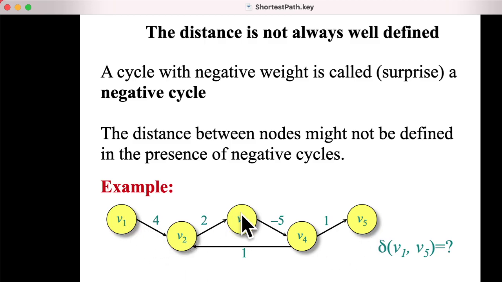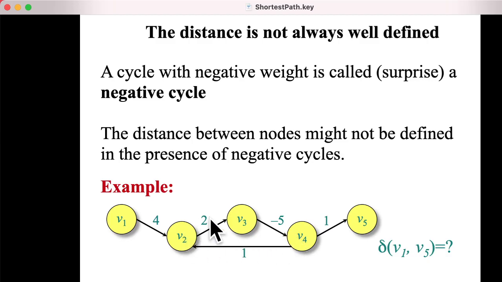V1 to V2 to V3 to V4 to V5 will cost me 4 plus 2 minus 5 plus 1, some number. However, what happens if from V2 I make a cycle over here and only then go to V5? What is the cost of just going through this cycle? It is 2 minus 5 plus 1, making it minus 2.